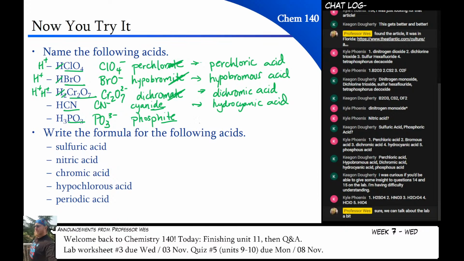this is phosphite, which means that it becomes phosphorous acid. Do note that this O here is not present in the element name. So phosphorus, the element, doesn't have that O in there.